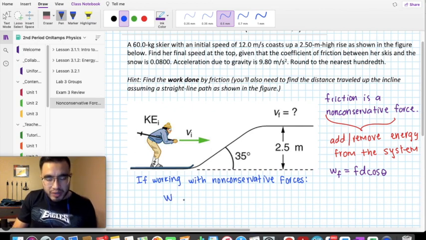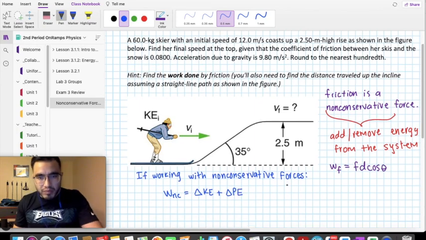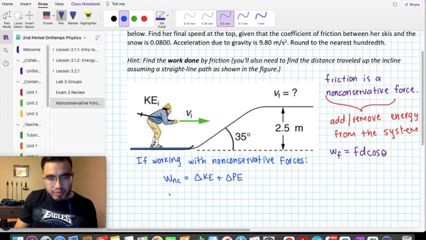Work done by non-conservative forces, that's fine. NC is non-conservative. That is equal to the change in kinetic energy plus the change. Don't forget that delta is change in potential energy. Okay? And then we'll expand this one.